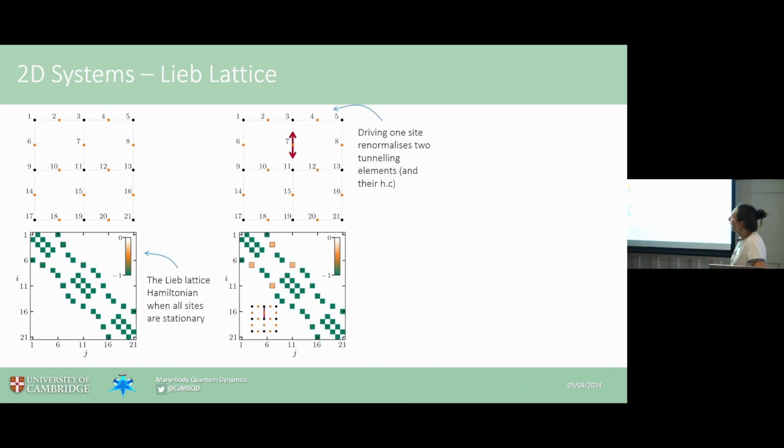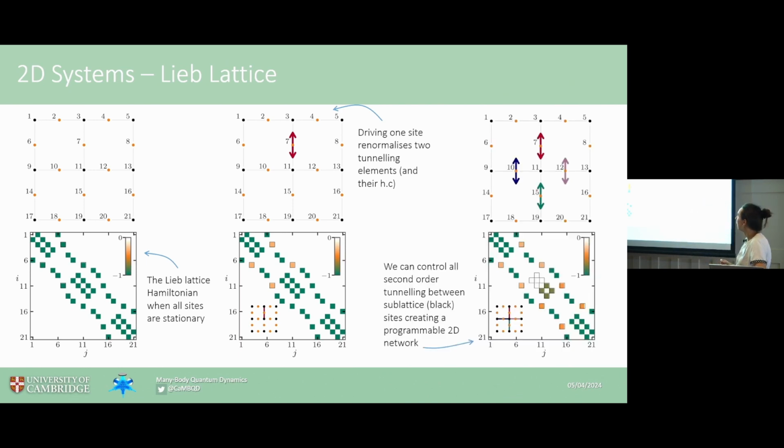If I just plot my matrix elements in this way, this is what this Hamiltonian looks like. However, if I were to drive just a single site in one of the orange sublattices, site 7, then I can renormalize just one link in the black sublattice in a controllable way. And I can extend this and drive all of these orange sublattices in independent ways in order to control the effective tunneling between my black sublattice sites.